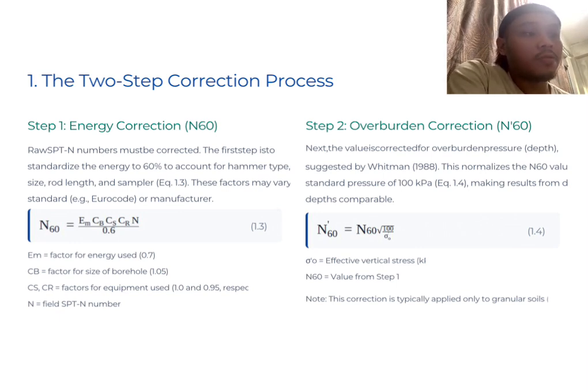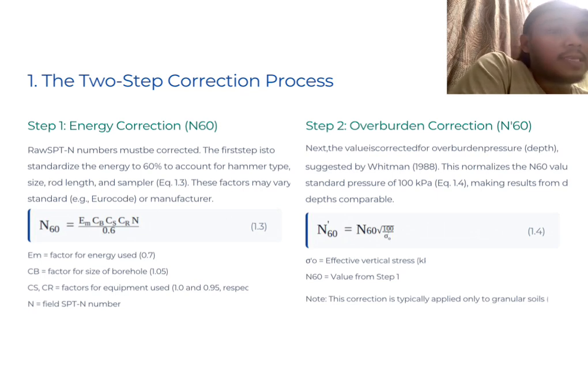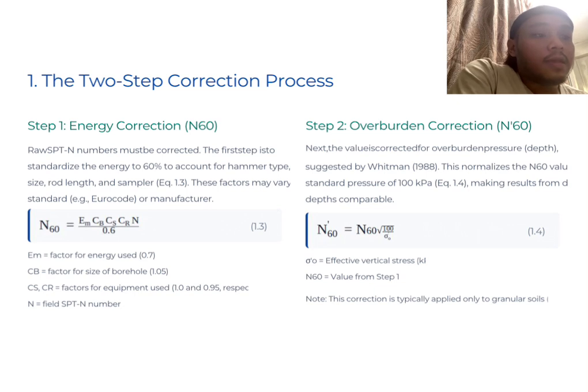Okay, and then we go to step 2, which is the overburden correction, N prime 60. Even after energy correction, soil at deeper depth experiences higher overburden pressure. Sand becomes denser at depth simply because of the weight of soil above it. Whitman 1988 suggests a correction to bring the N value to a standard pressure of 100 kPa.